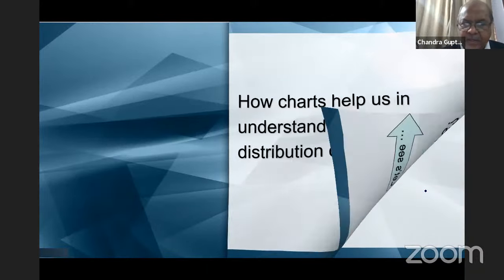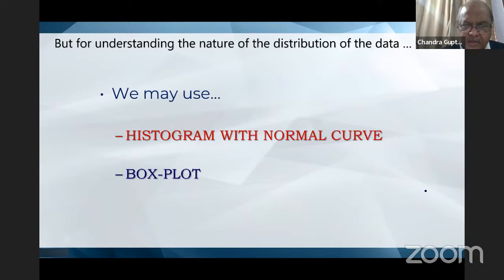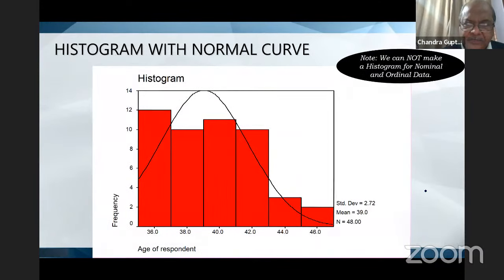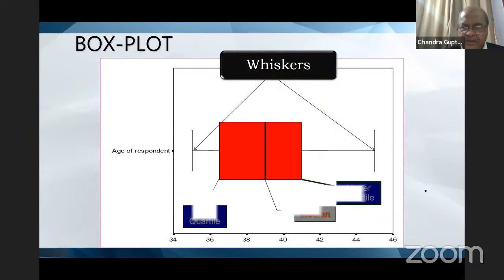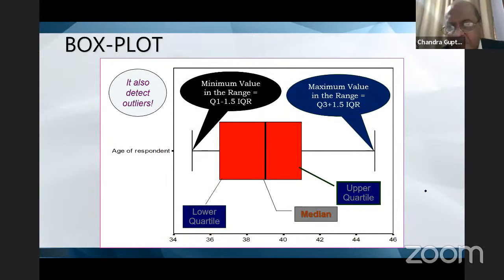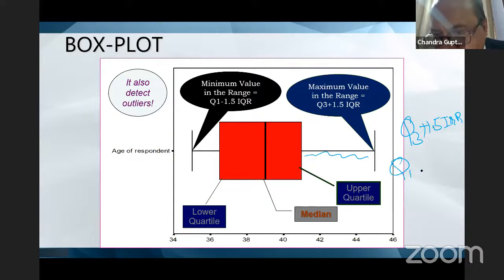And how do we, so histogram with the normal curve, something like this. And you can have a box plot. And these whiskers are drawn as Q3 plus 1.5 interquartile range, and Q1 minus 1.5 interquartile range. This is the upper limit.